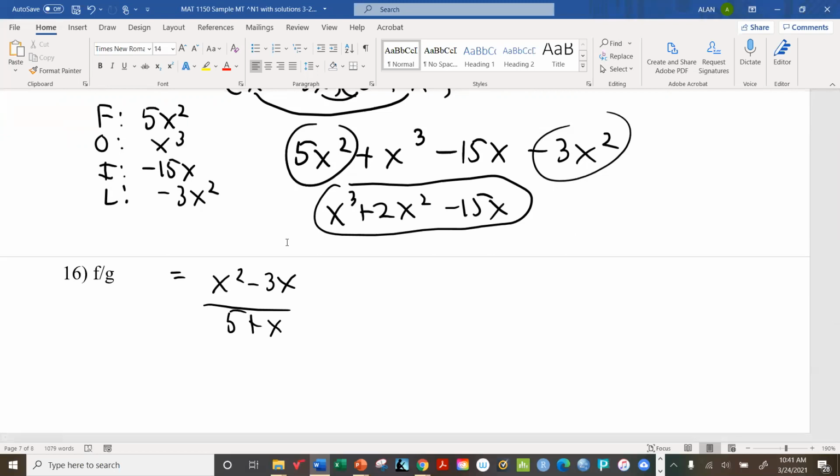Now, it doesn't specifically ask you to do any division, and it wouldn't do any good either because you'd end up with a really strange quotient. So in a case like this, unless it obviously simplifies, I would just leave it like this. This is correct. There's nothing wrong with this. It's possible to find something simpler, but this is fine as far as it goes. I would just leave it like this.